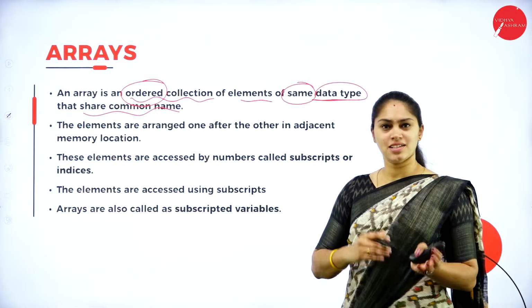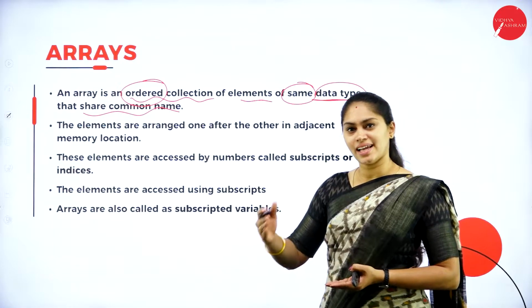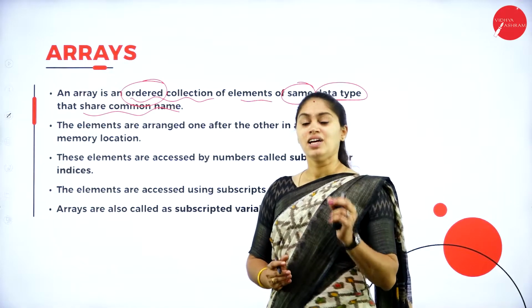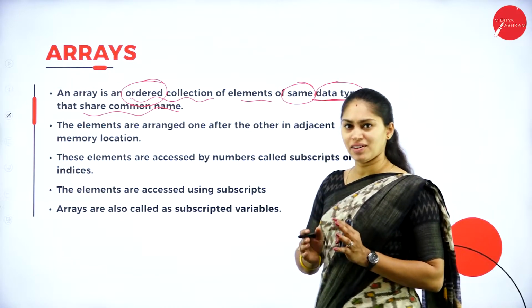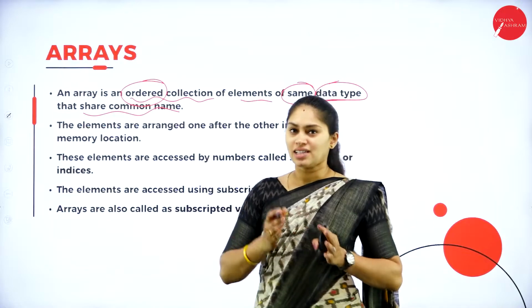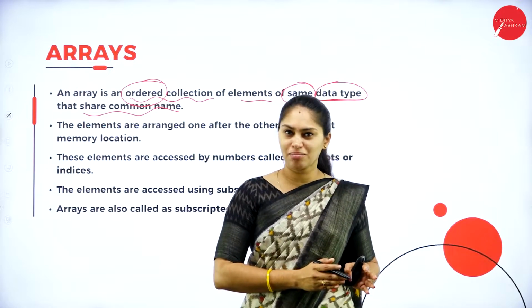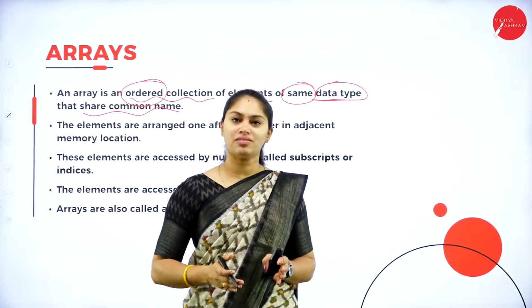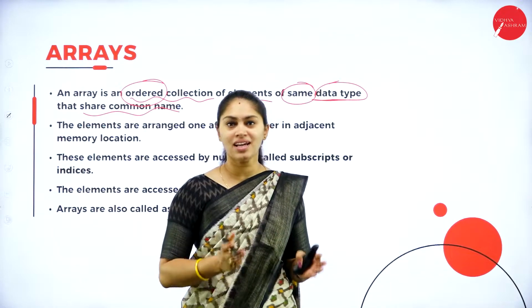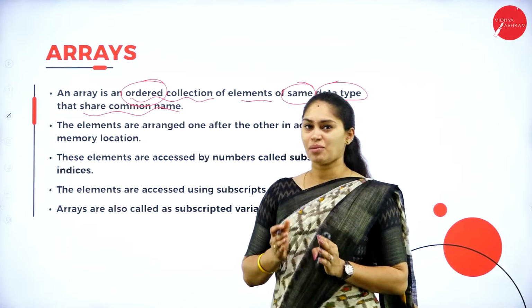It's not jumbled, it is not unordered, it is an ordered collection of elements which is going to have the same data type. For example, if I have 10, 20, 35, 35.4, will it be the same kind of data? No, because I'm mixing whole numbers with fraction numbers. So that can't be the same type of data.